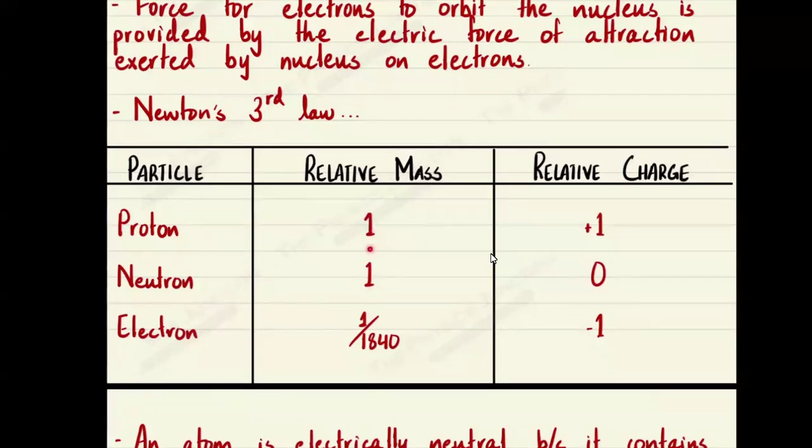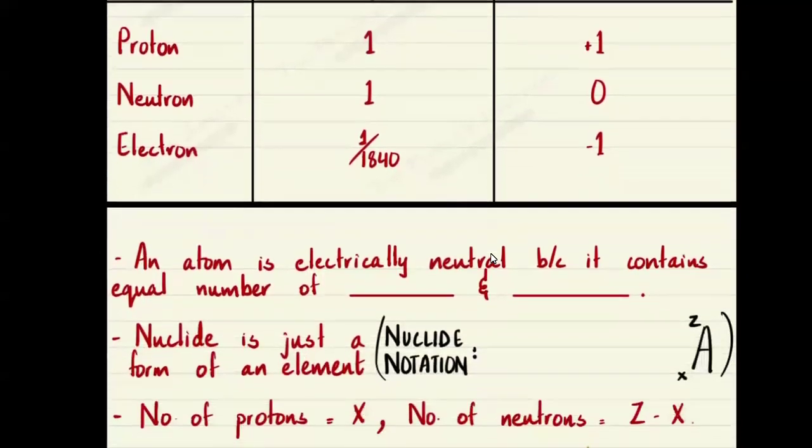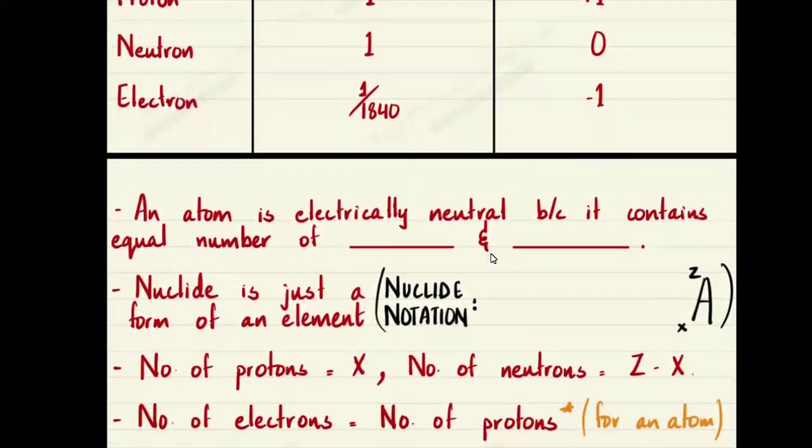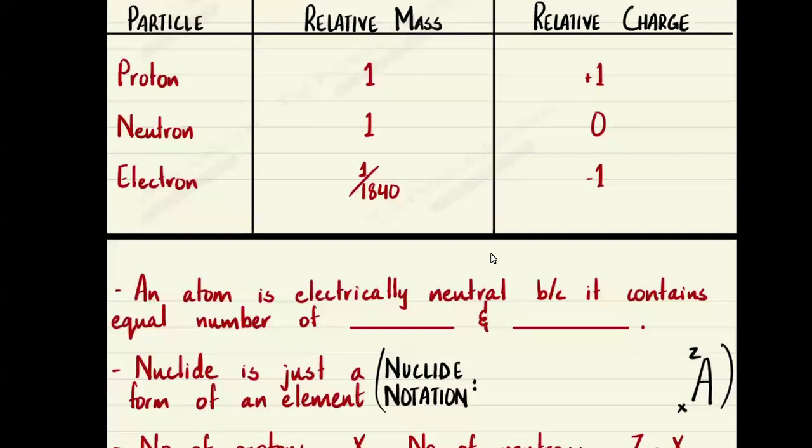Protons and neutrons have approximately equal masses, so their relative masses are the same, and electrons have 1 over 1840 times the mass of either a neutron or a proton. An atom is electrically neutral because it contains equal number of dash and dash. So we know that the particles which contribute to charge are protons and electrons. So they have an equal number of protons and electrons.